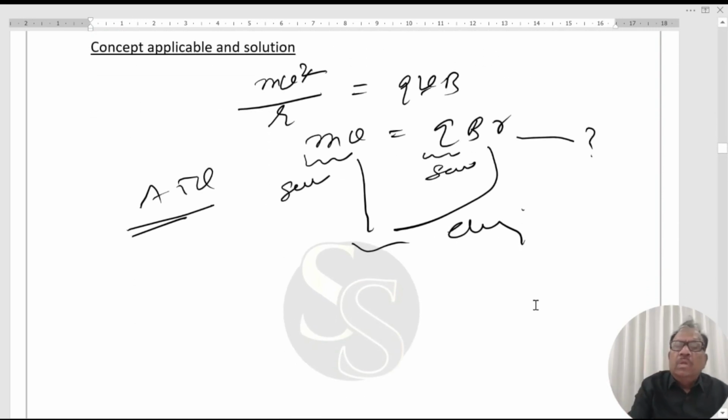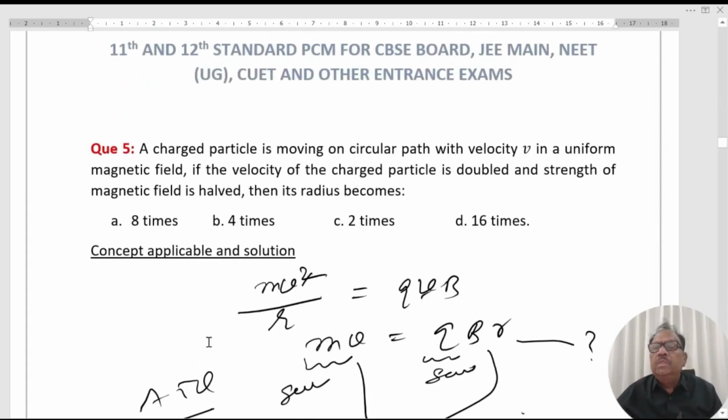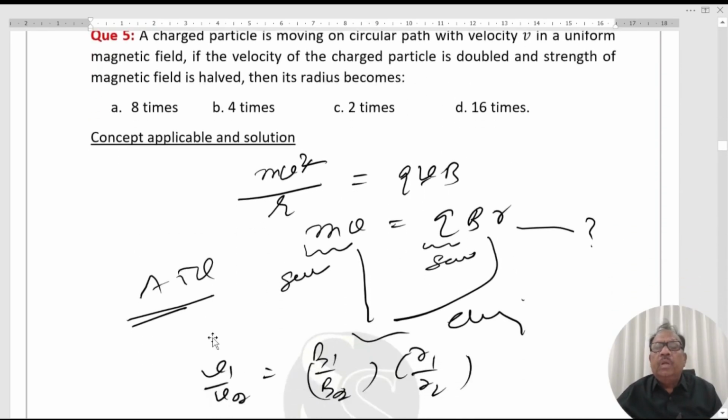Then V1 over V2 will be equal to B1 over B2 into R1 over R2. Now, according to the question, substituting the values.